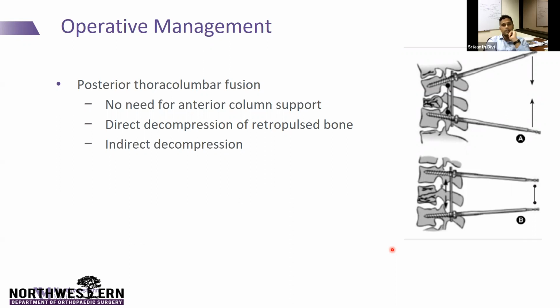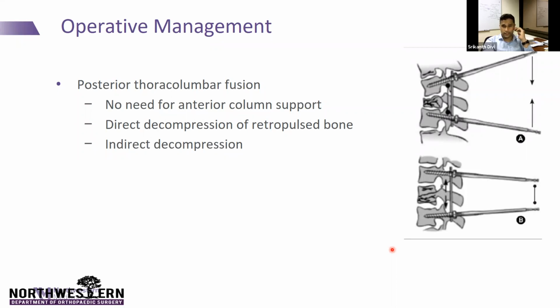Here, you're relying on the posterior column to get rigid fixation, so if that's compromised, this would be pretty hard to do. And you're relying on indirect decompression unless you take off the lamina and then do a direct decompression in the canal.